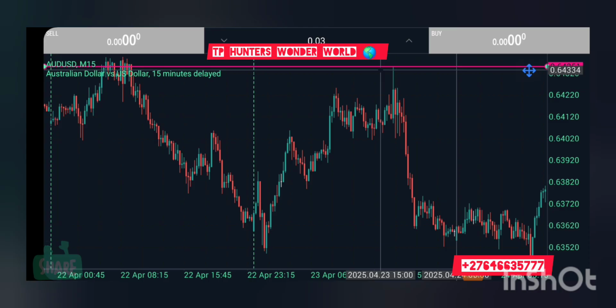Remember, I told you that these zones are used to hunt stop losses or buy stops or sell stops. But then since we're having resistance, here's the first example for buy side liquidity. Here's the zone above the recent highs where retail traders put their stop losses.